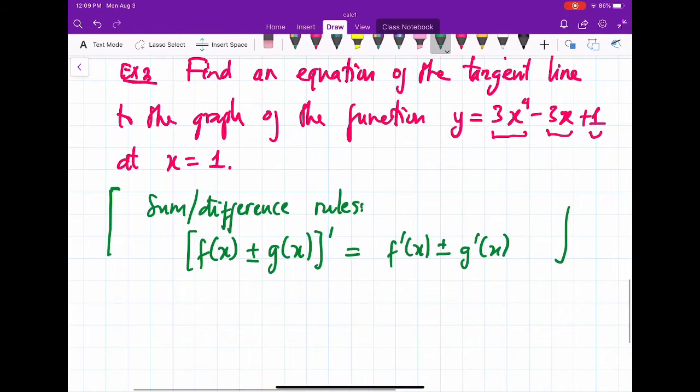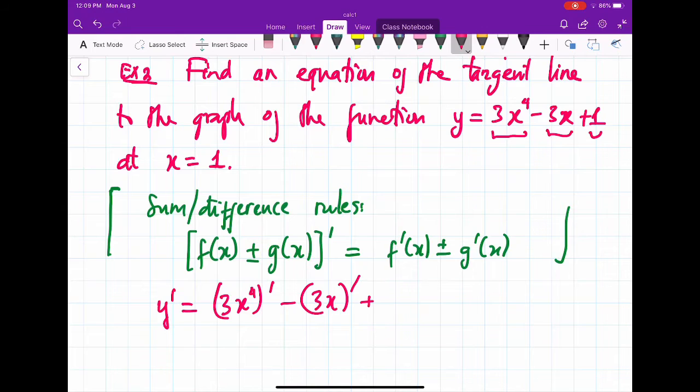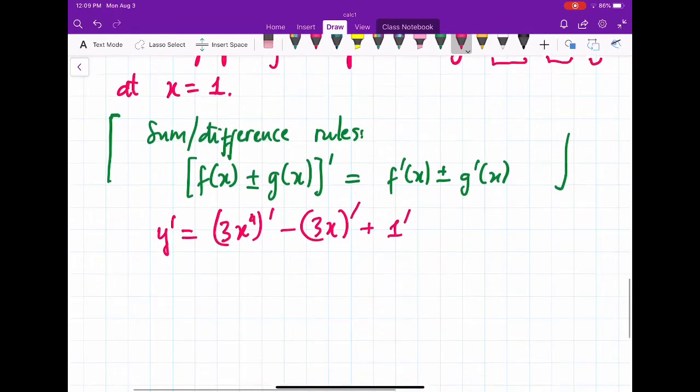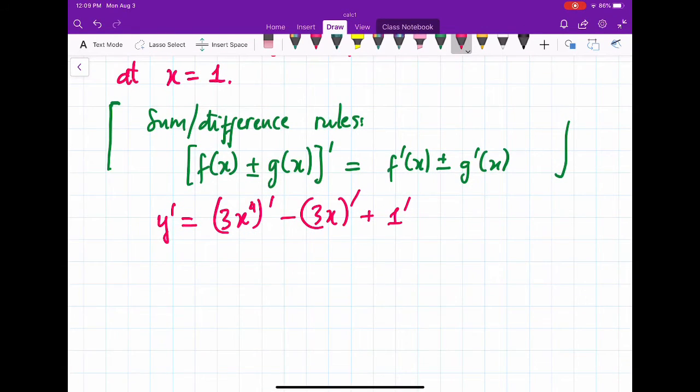If we apply this rule for this function, we have the derivative of our function, y prime, equal to the derivative of 3x to the 4, minus the derivative of 3x, plus the derivative of 1. Now I can rewrite that as 3 times the derivative of x to the 4, because that is just a coefficient, minus 3 times the derivative of x, plus the derivative of 1.